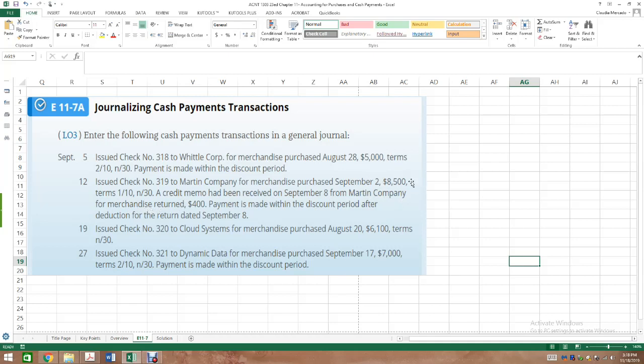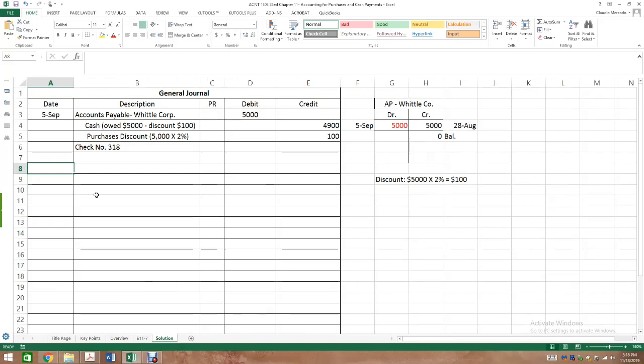So we bought $8,500, we returned $400 worth of merchandise, and we made our payment within the discount period. The discount in this one is 1%, and this is happening as of September the 12th.